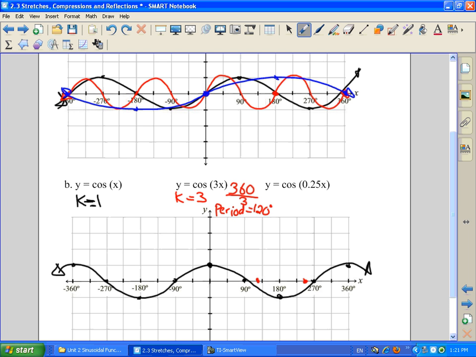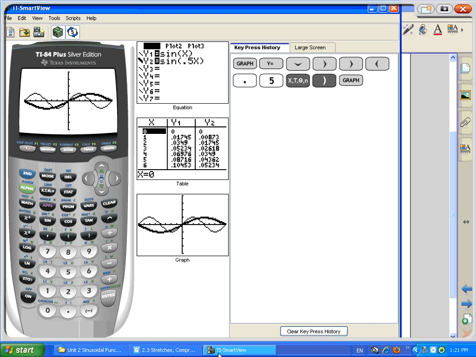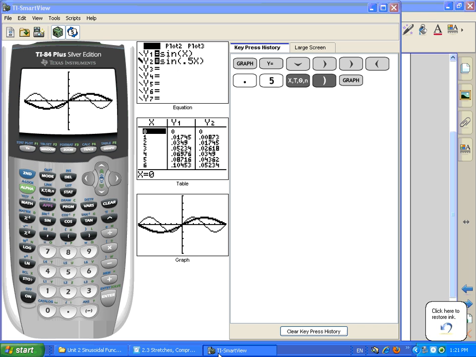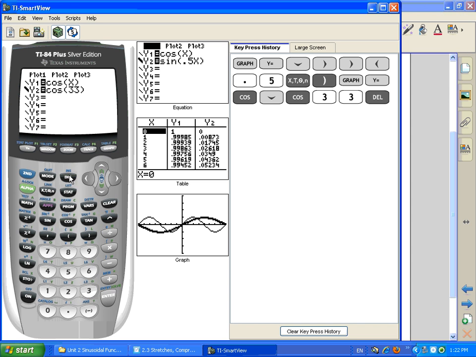However, let's go to our graphing calculator and get a visual for that to help us. Oh, sorry, ink layer's up again. Okay, let's try that again. So let's go to y equals, change that to cos x. Okay, down below we're going to go cos 3x.